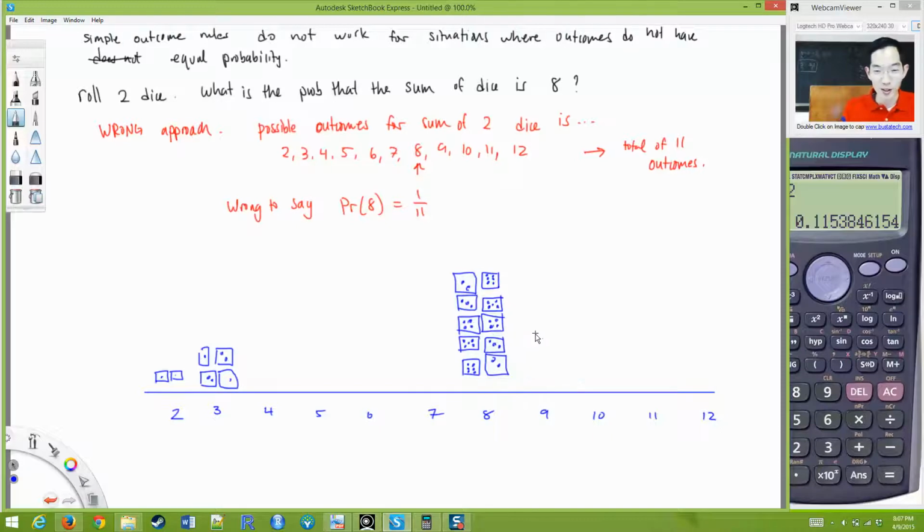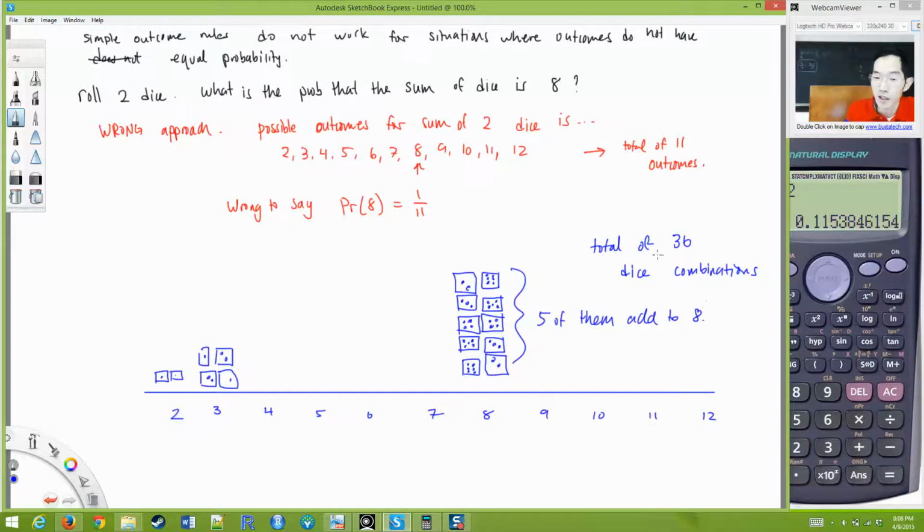Okay, so there are 5 ways to get an 8. And there's a total of 36 dice combinations. 5 of them add to 8.